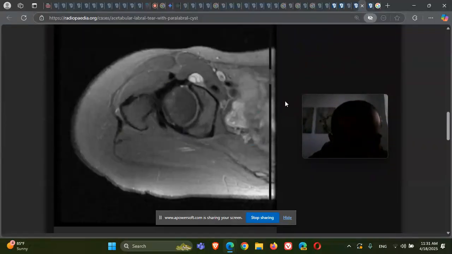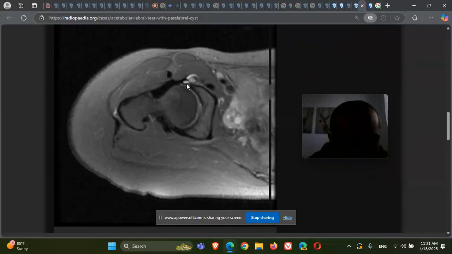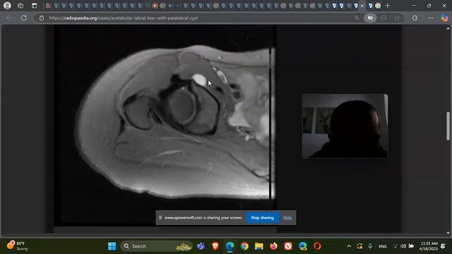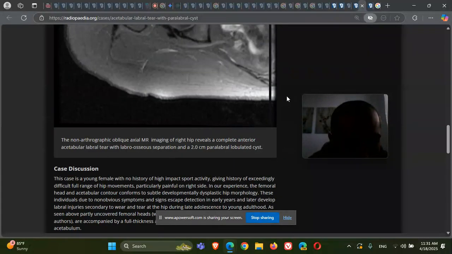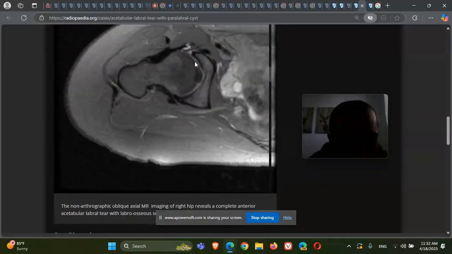This is another sign that there is a tear right over here. The cyst just took the synovial fluid. Anterolabral tear and paralabral cyst.